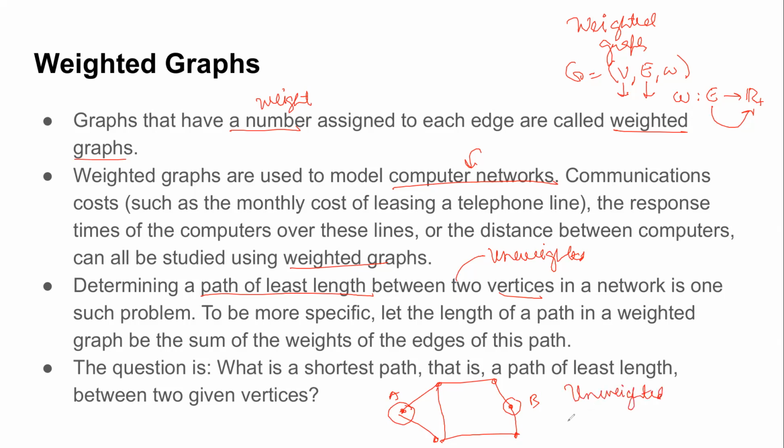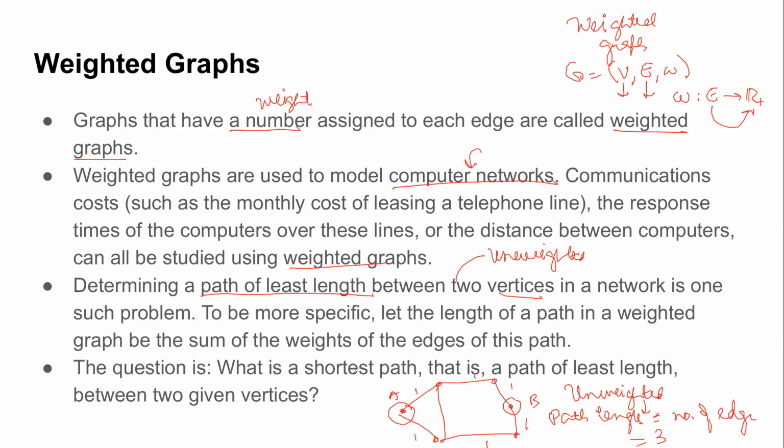What is the length of a path in an unweighted graph? Exactly. It's the number of edges traversed, because every edge has the same weight, that is 1. So the least path is going to be the least number of edges you have traversed. Like you can see, it's 3 from each side. So here the least path is of length 3, basically the number of edges traversed.